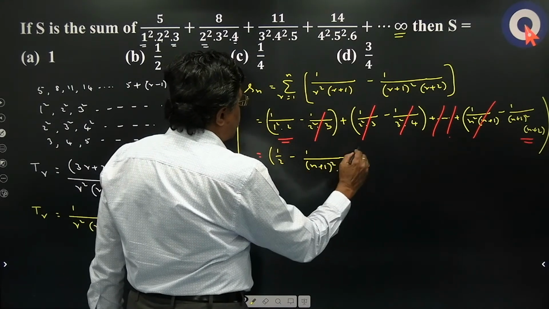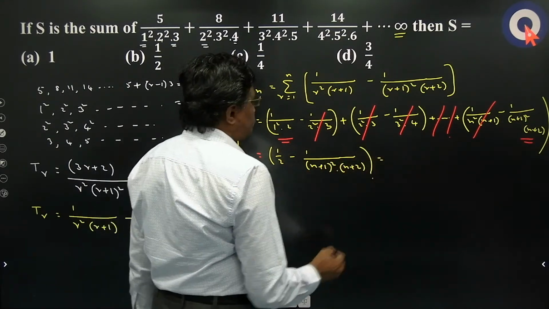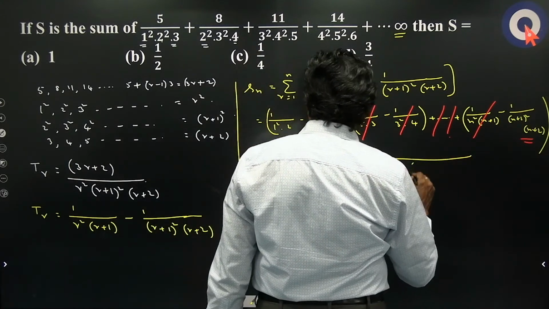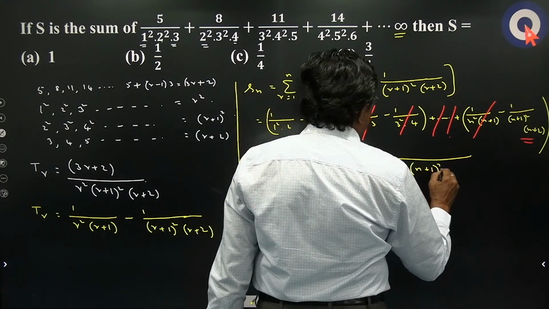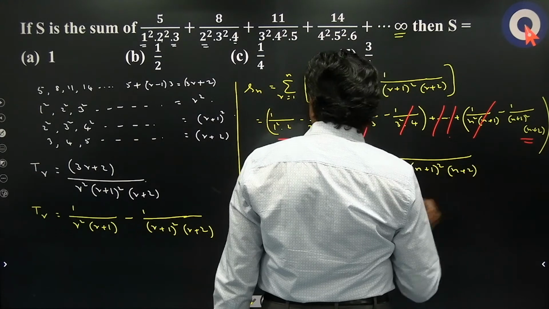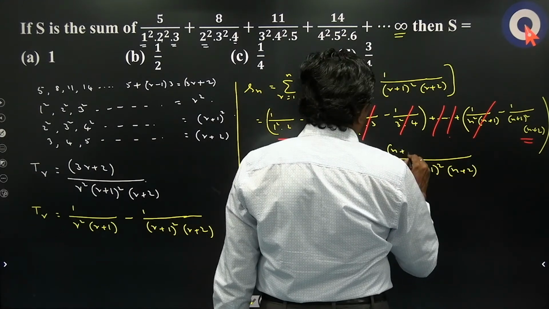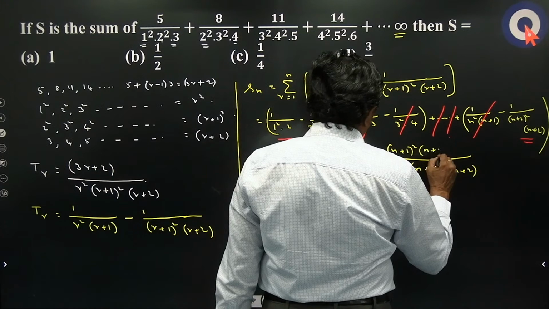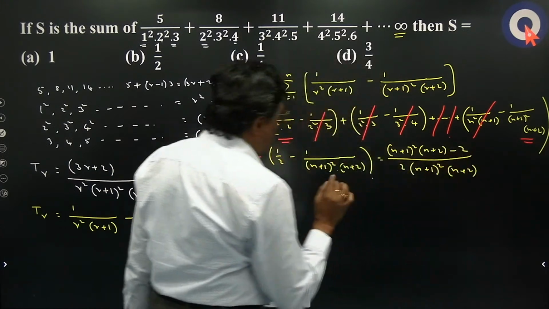So which is n plus 1 whole square into n plus 2 minus 2 by 2 into n plus 1 whole square into n plus 2. So this is what is sum to n terms.